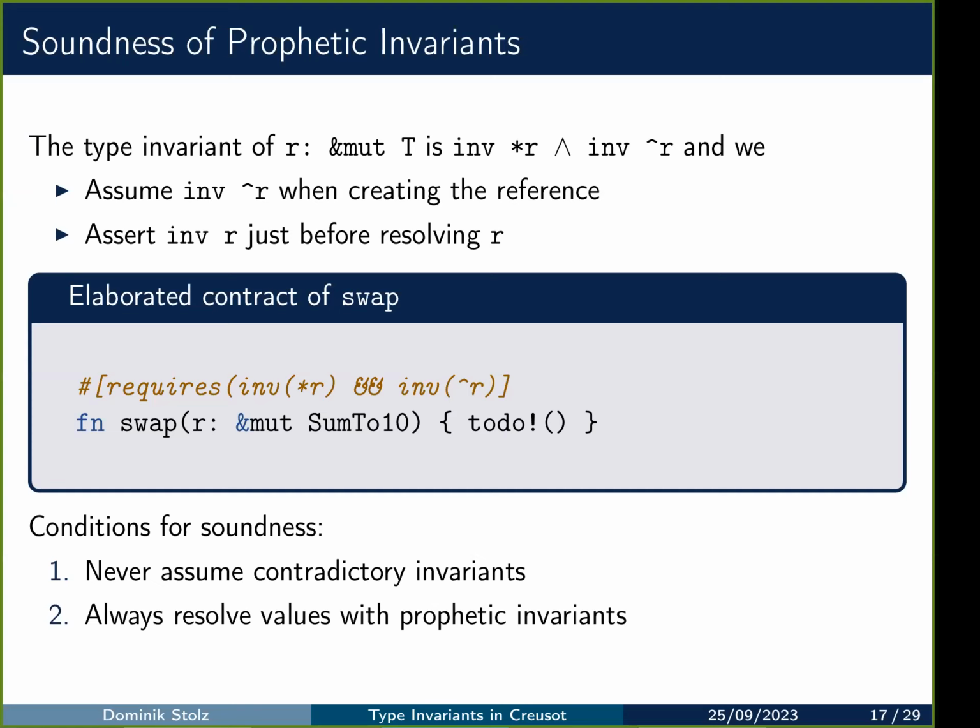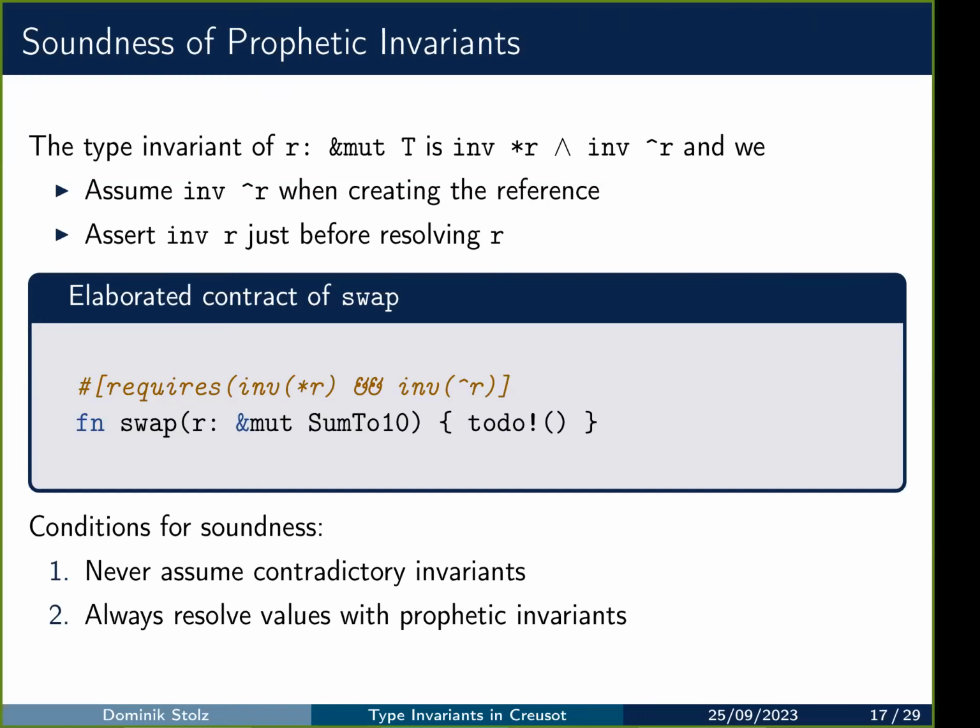So we insert a proof obligation requiring us to prove that at this point the invariant holds. And again, we look at the contract of swap. So here now swap gets only one precondition based on the type of its argument R, and there is no more postcondition for swap.